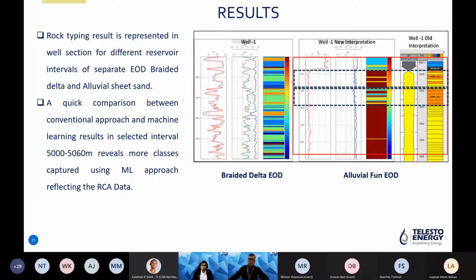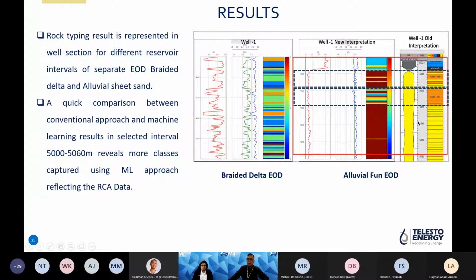I will explain, but if you can see my arrow like this, what you see on the right hand side is conventional lithofacies done using the traditional approach, and this one, for the same deposition environment, is the automated lithofacies done using machine learning techniques.